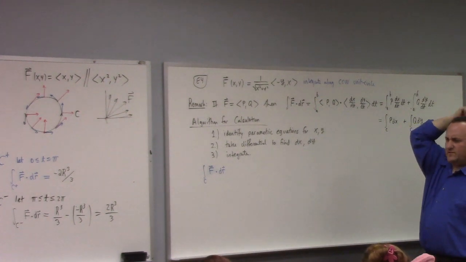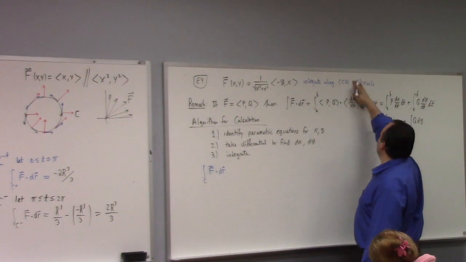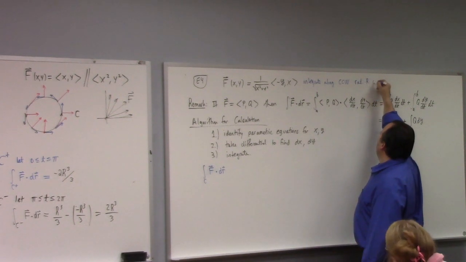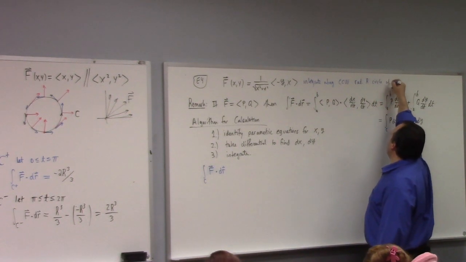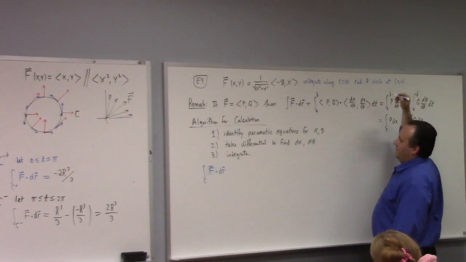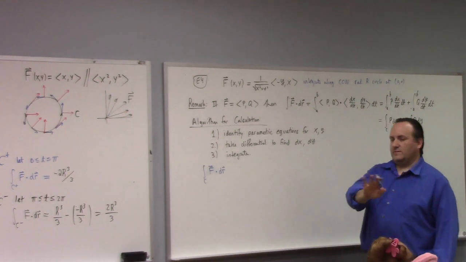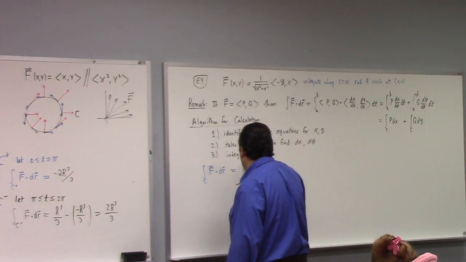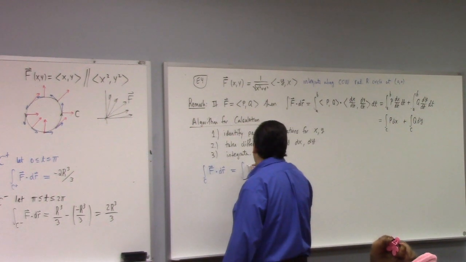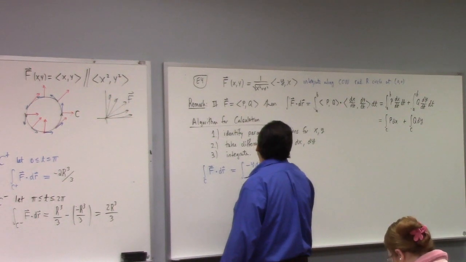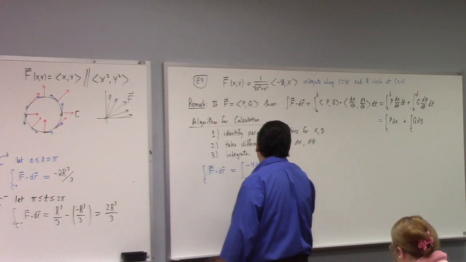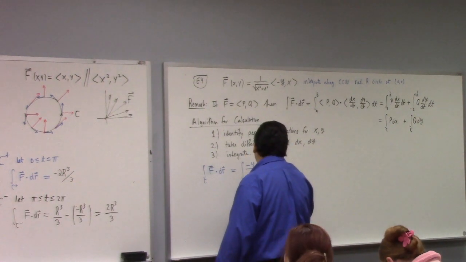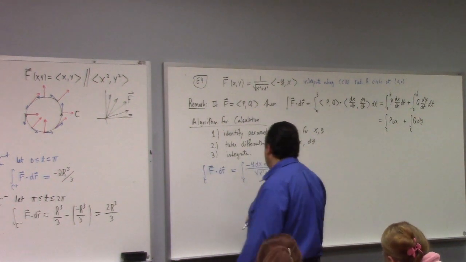Actually, not the unit circle. Let's make it the circle of radius r at the origin. So first of all, the alternative notation for the line integral is this. You just do minus y dx plus x dy divided by the square root, in this case, of x squared plus y squared along the curve.